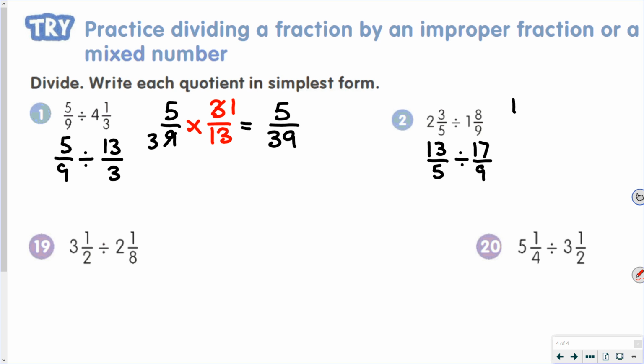So we keep 13/5 times turn. There's no simplifying we can do here. 13 times 9 is 117. 5 times 17 is 85. 85 goes into 117 once, with 32/85 as your fraction.